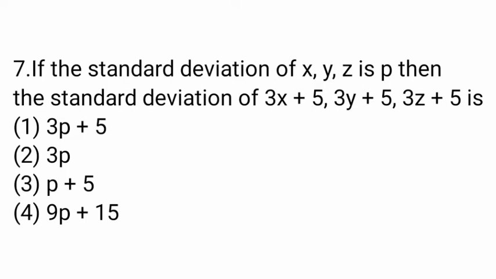Given that the standard deviation of x, y, z is p, then for 3x, 3y, 3z, we multiply the values by 3, so that is 3p. If we add a value, the standard deviation has no change. Therefore option is 2. Answer is 3p.